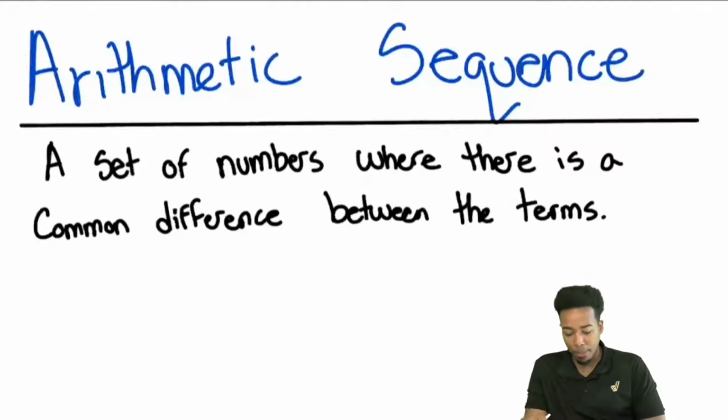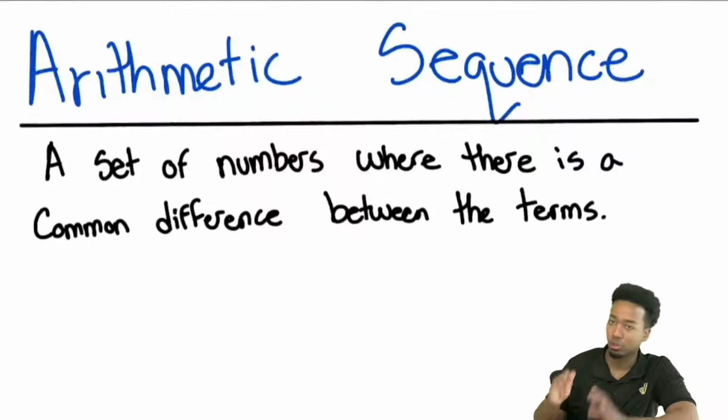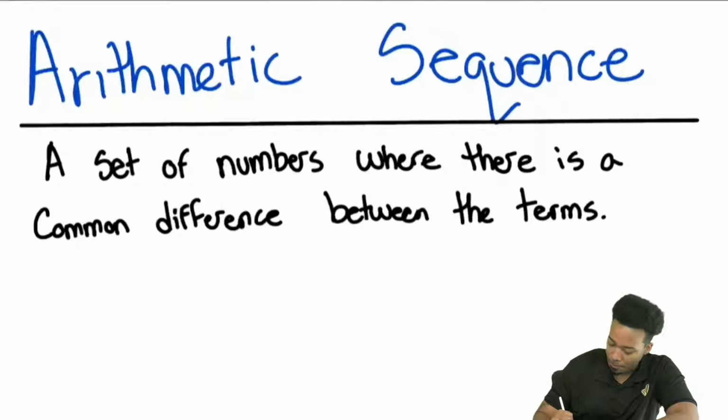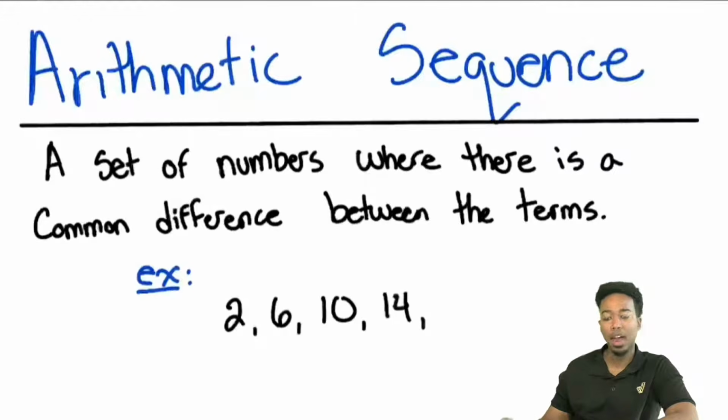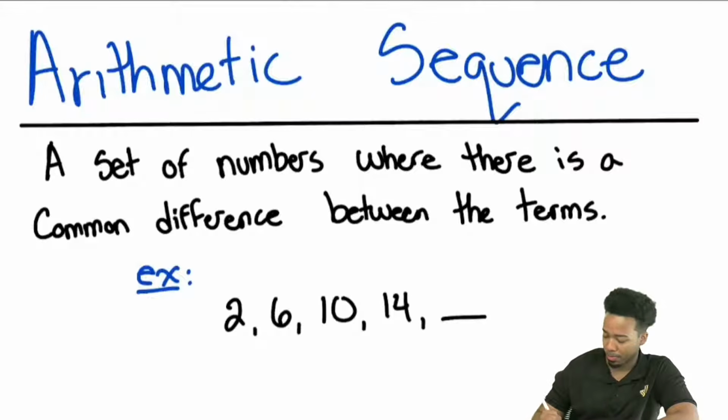So my party people, let me give you an example before we actually start this, because I understand that this may be new for a lot of us. An example could be, let's say 2, then 6, then 10, then 14. Everybody, based off of this pattern, what would the next number be? Yep, that'll be 18.